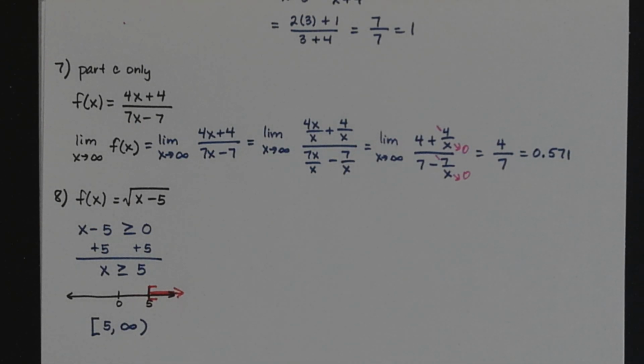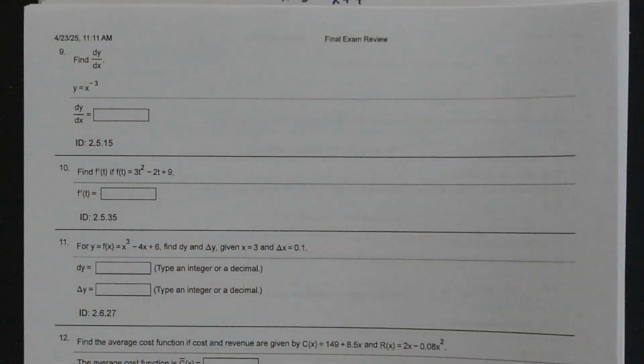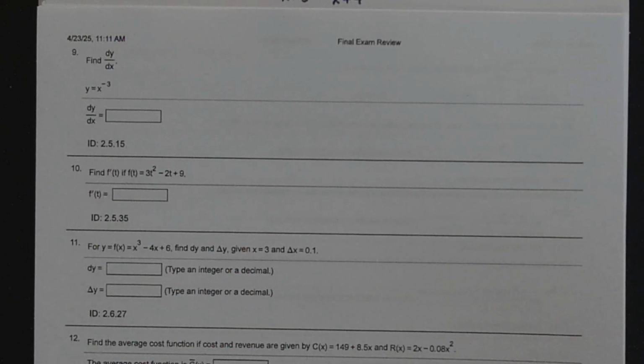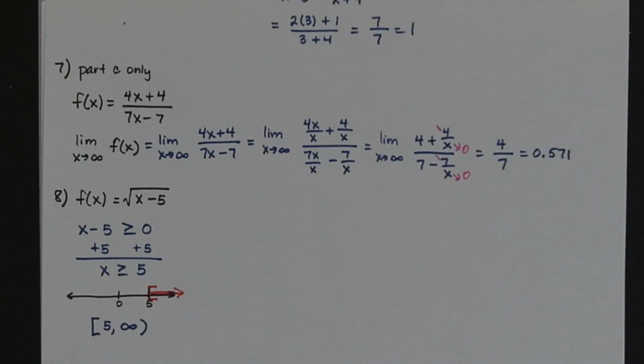Okay, number 9. All right, in number 9, we're finding derivatives here. So here we got y equals x to the negative third power, and we want to find out what dy dx is going to be.